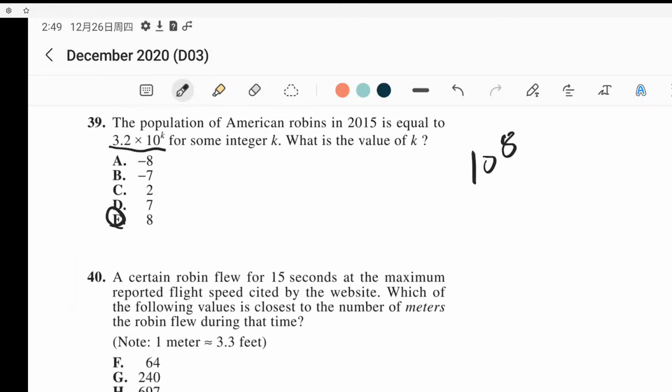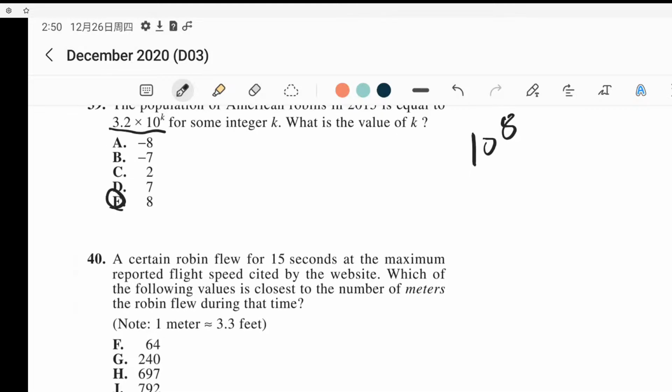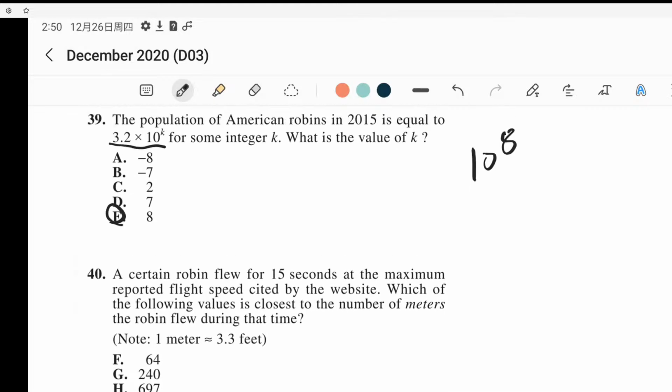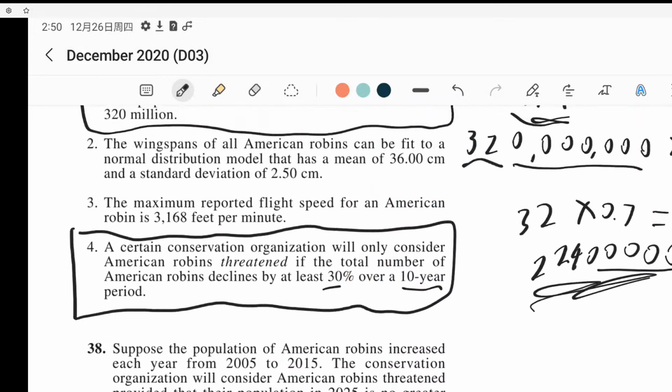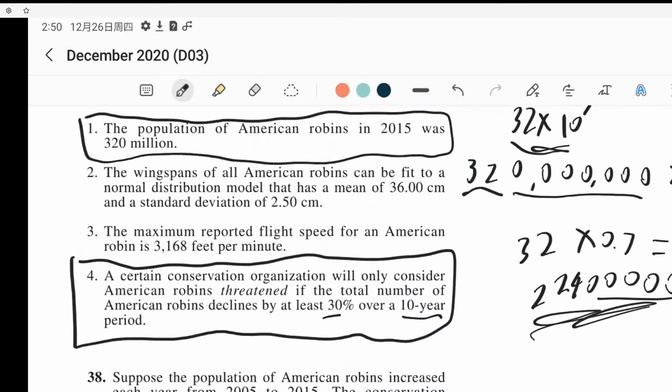40. A certain robin flew for 15 seconds at the maximum reported flight speed cited by the website. Which of the following values is the closest to the number of meters? So we need the maximum reported flight speed, which we can use number 3 to find.